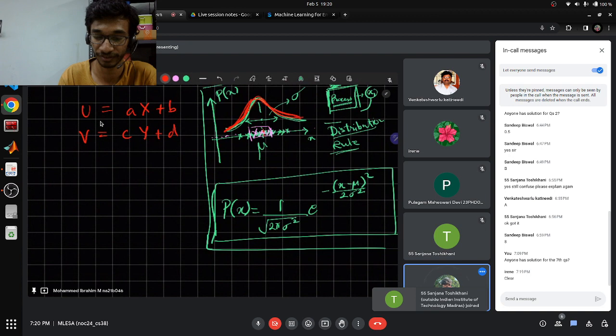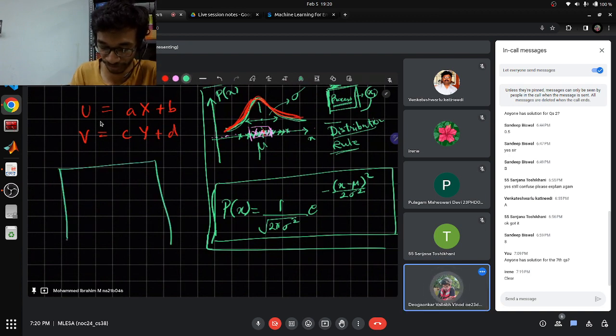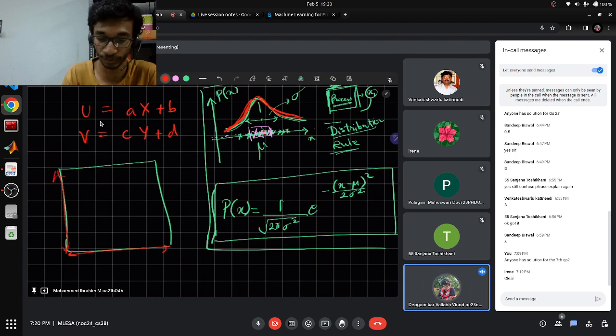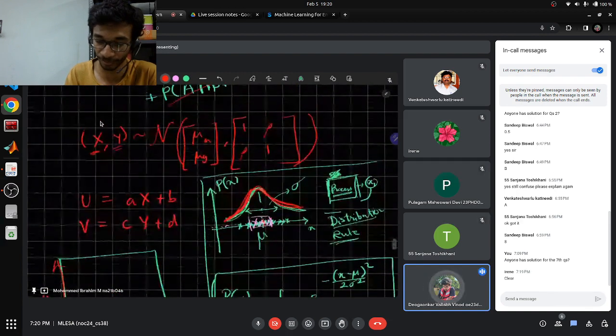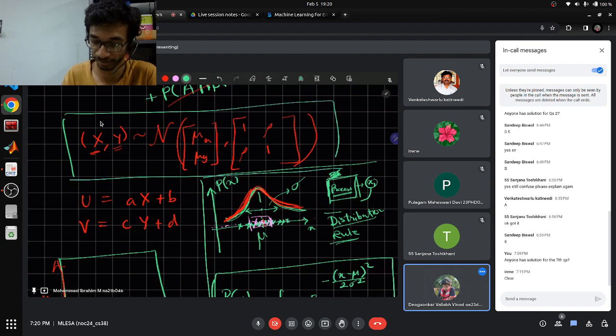And so when you say it's a Gaussian distribution, a joint Gaussian distribution, it's going to be something like this. So I want you to note that this is the x axis and this is the y axis, let's say, and you have been given this expression: x, y are samples from a distribution whose mean is mu x comma mu y.